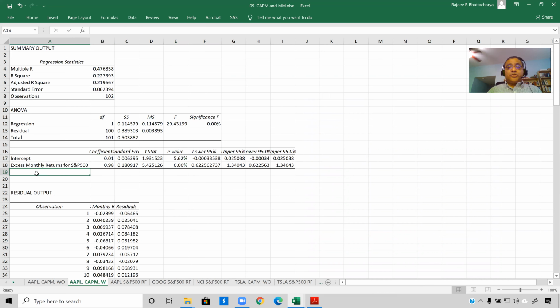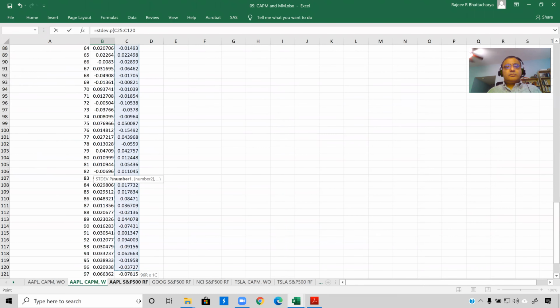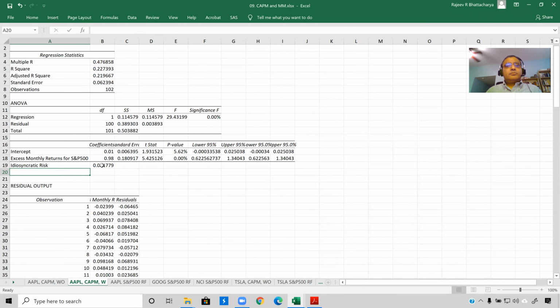Let's look at the idiosyncratic risk. Let's put them in percentage terms.